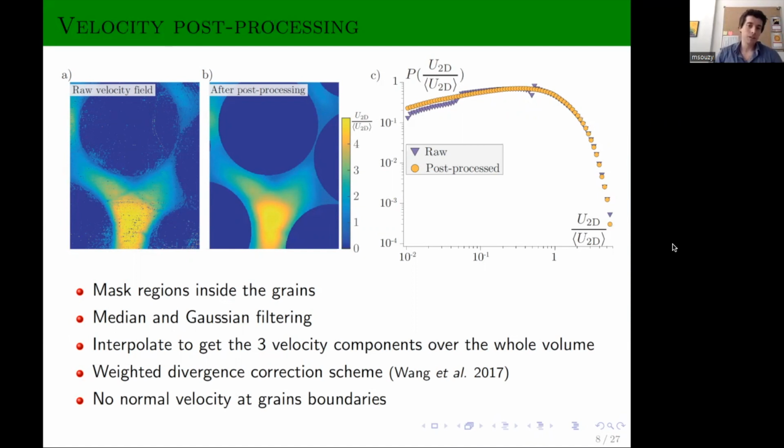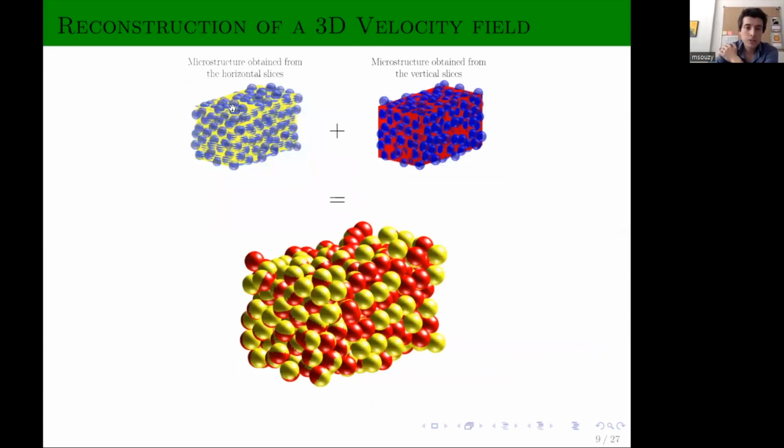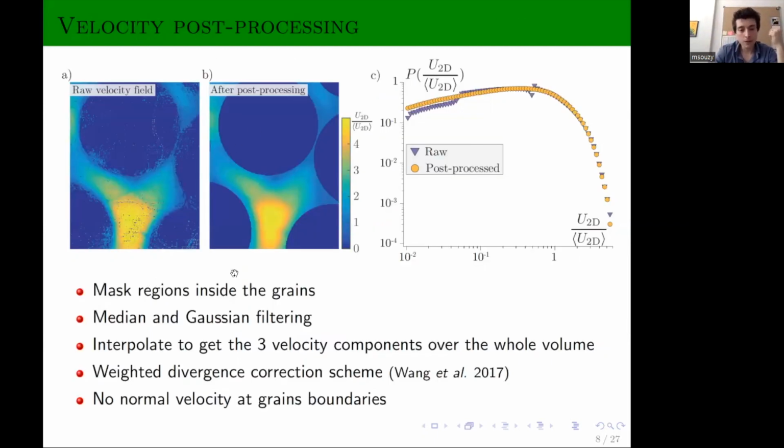Typically, we mask the regions inside the grains where we know that there is no velocity, because it's within the solid phase of the medium. Then, as I mentioned, we have two sets of data which scan the same volume. So we merge them. And once they are merged over the same volume, we can interpolate to get the 3 velocity components over the whole volume.